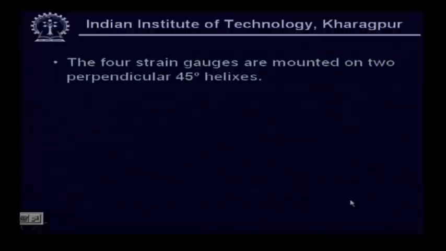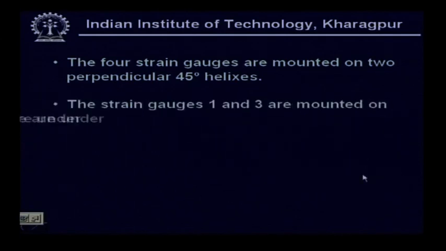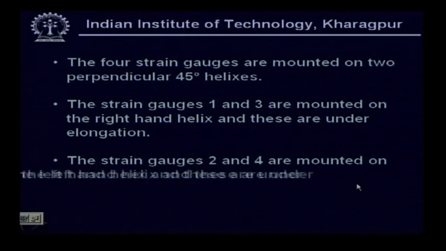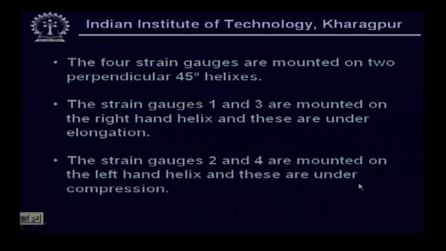Now, 4 strain gauges are mounted on 2 perpendicular 45-degree helixes, as I told you, and the strain gauges 1 and 3 are mounted on the right hand helix, and these are under elongation. Please note, these strain gauges 1 and 3 are mounted on a right hand helix, these are under elongation. Strain gauges 2 and 4 are mounted on the left hand helix, and these are under compression.